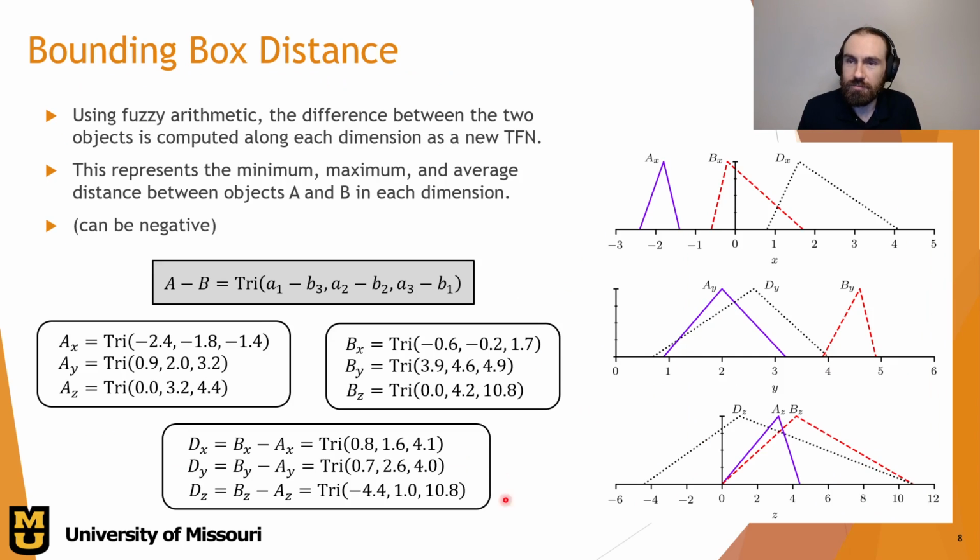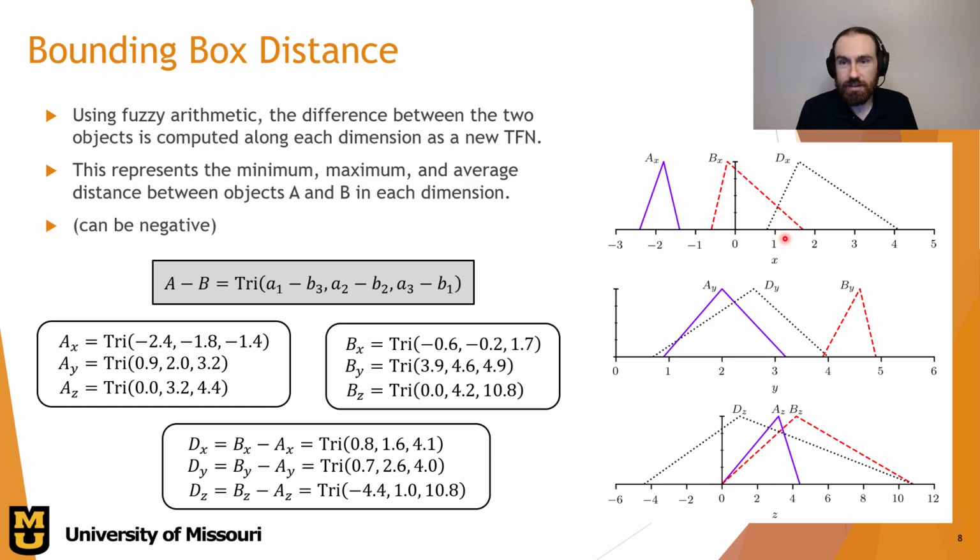So a reasonable question then is, what is the distance between objects? So one way we can do this is to look at each dimension individually and then compute what is the difference between these two triangular fuzzy numbers. So for instance, in the x dimension, we have a triangular fuzzy number for the position of object A on the x-axis and position of object B on the x-axis.